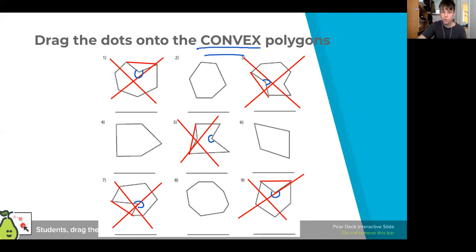Let's just take one and look at it. All the interior angles are less than 180. When I try to draw my diagonals, every diagonal that I draw is inside of the shape. So I drew all the diagonals and they're all on the inside. You can see how that works either way: examining the angles, making sure they're all less than 180, or looking at the diagonals.